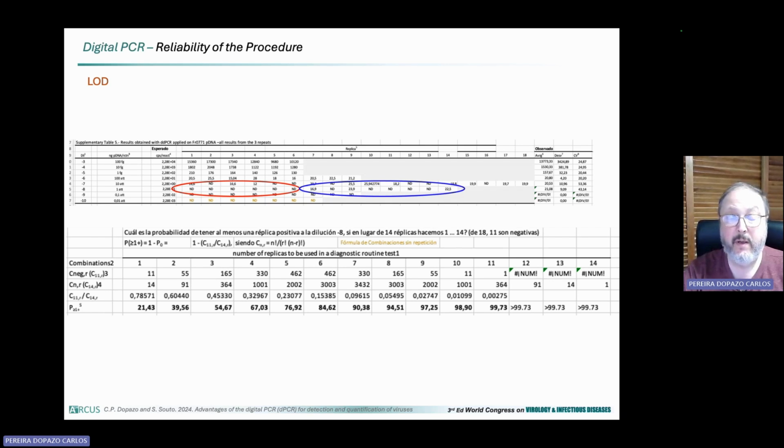This is using mathematical combinations and probabilities, quite easy to calculate. And then we demonstrated that with 5 replicas, we would have a probability of 75% of detection of at least one positive. And using 10 replicas, it was almost completely sure that we were going to detect at least one positive.